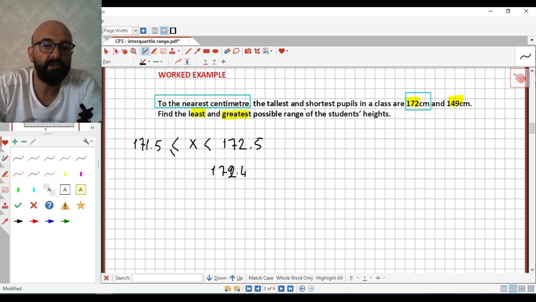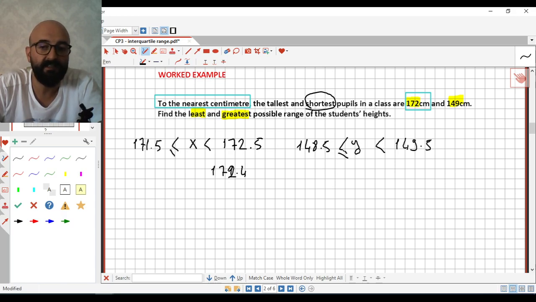And for the shortest pupil, 149 should be 148.5 and less than 149.5. Think about this situation, for example: the shortest pupil height is 148.6.